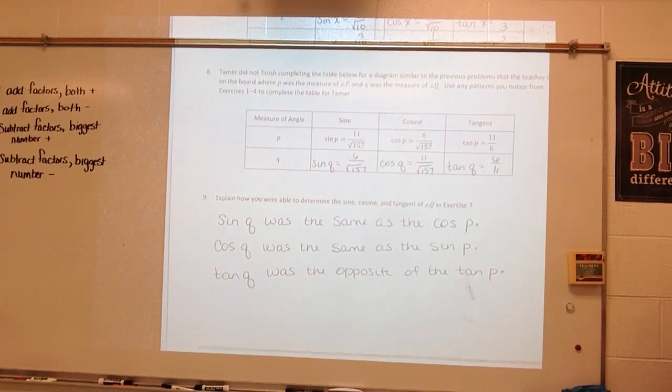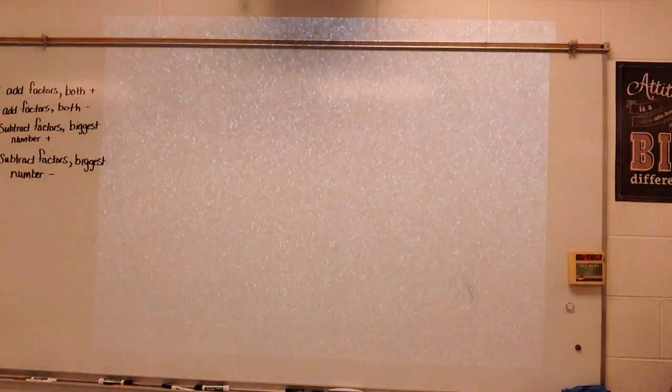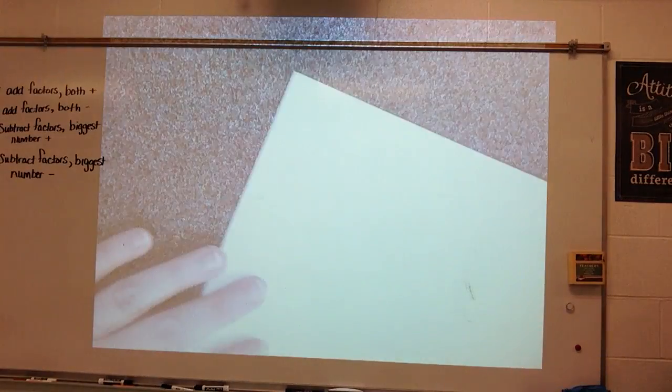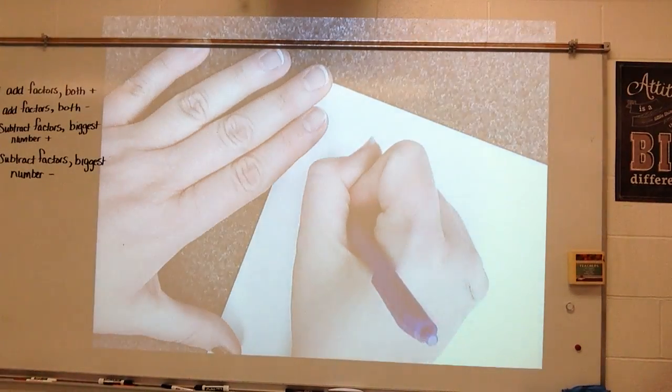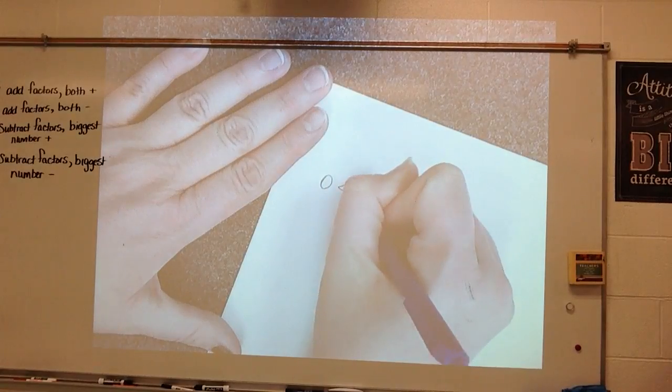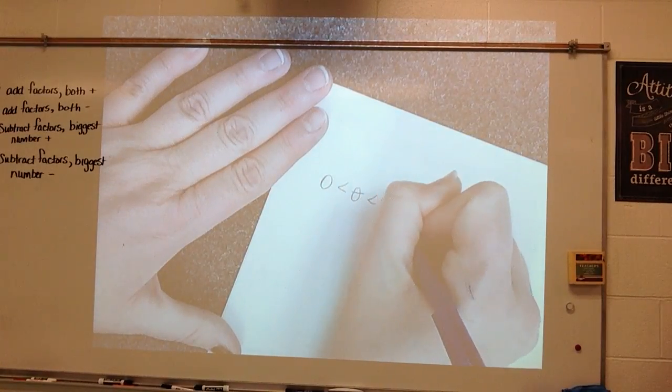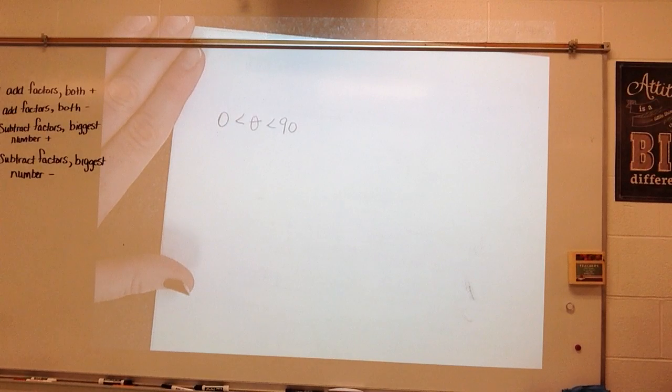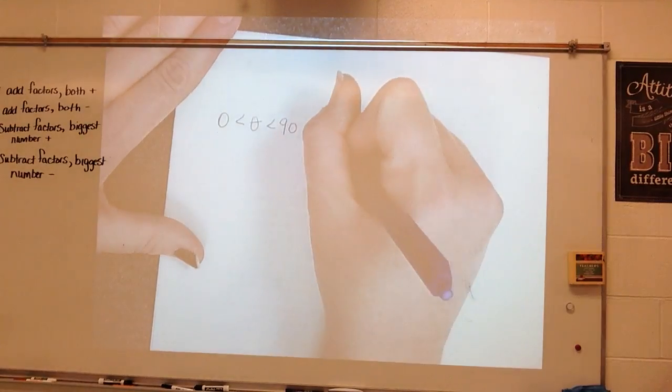Alright, so the sine, cosine, and tangent of an angle can be used to find unknown lengths of other triangles using within-figure ratios of similar triangles. If 0 is less than the angle measure, which is less than 90 degrees, we can define sine, cosine, and tangent of that angle.